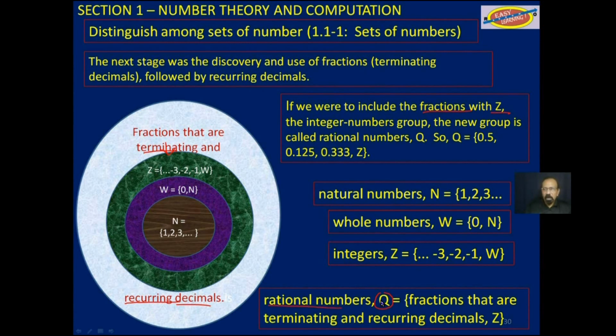Fractions that are terminating and recurring, along with integers. So Q will be this big white group here that includes everything there. So Q is rational numbers, which includes fractions that are terminating and recurring, as well as the integers, which includes the whole numbers, which includes the natural numbers.